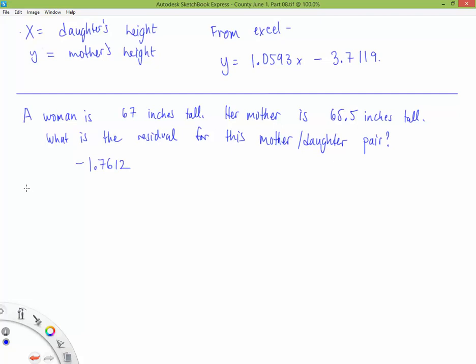So step one is to figure out our prediction. If someone is 67 inches tall, what is our prediction for the mother's height? What is our prediction for the mom's height?